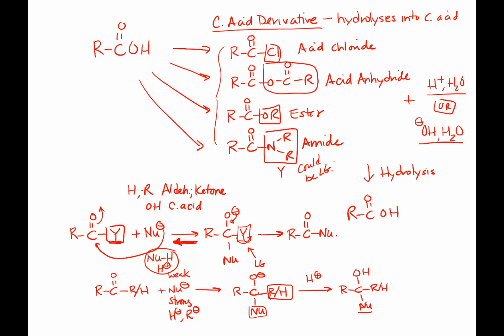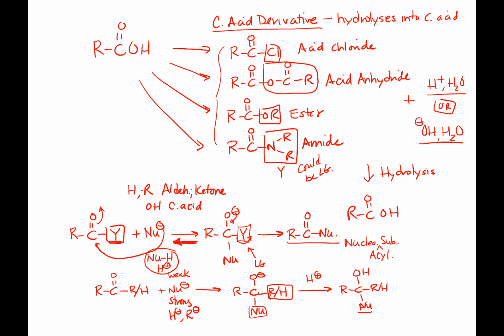And so if they can be leaving groups, then that changes the reaction so that when the O- comes back down, if Y can leave, I'm now going to do what I would call a nucleophilic substitution, and this is actually called nucleophilic acyl substitution because now I'm doing it on a carbonyl. Okay, so that's going to be the difference as we set up the next two chapters.